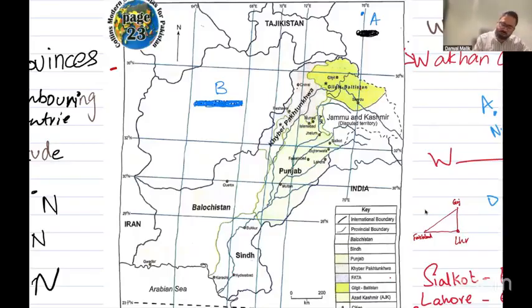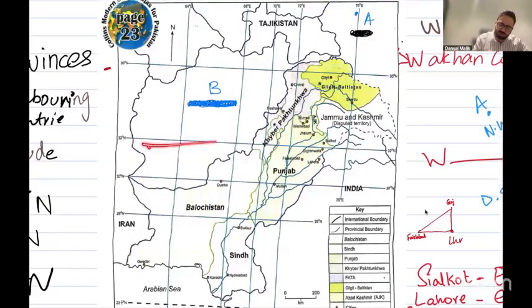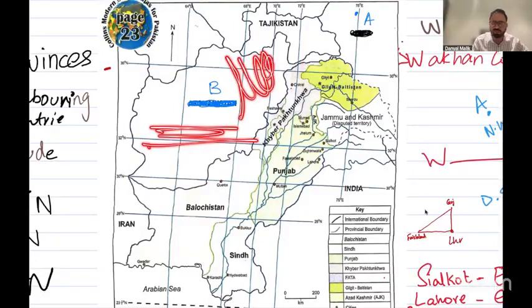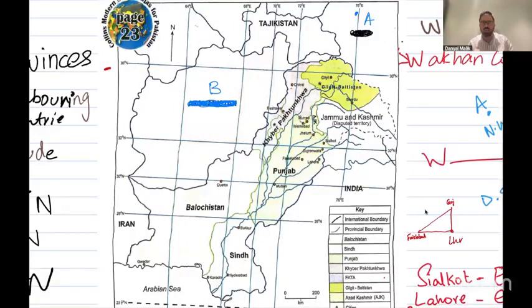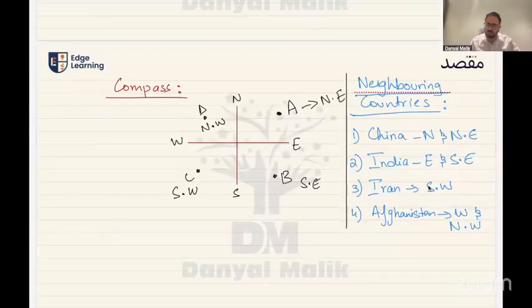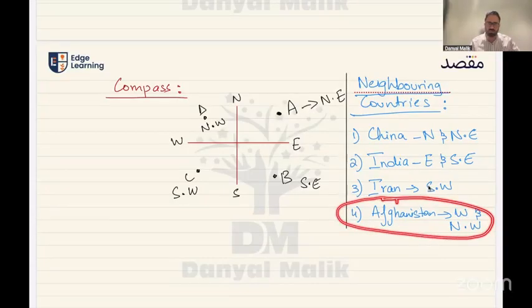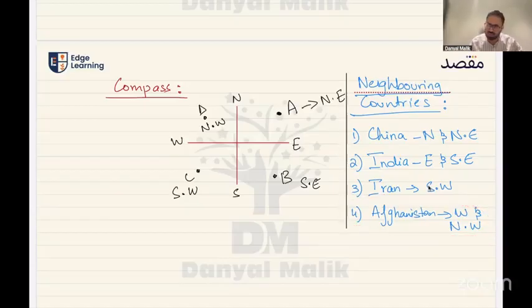Country B is on the west, this is the whole west, and this area is the northwest. So country B is actually west and northwest. If you go back, you will see which country lies on the west and northwest. So the answer will be Afghanistan. Understand?